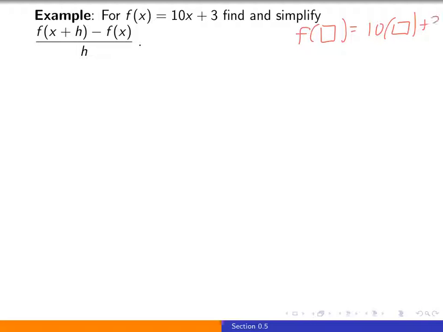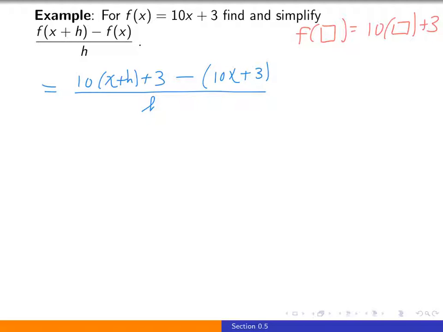And whatever we plug into our function in one blank has to go into all of the others. So f of x plus h will be 10 times x plus h plus 3. Then we are subtracting away f of x, so that would be 10x plus 3, and dividing by h.